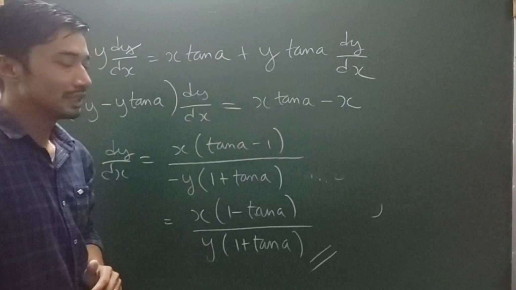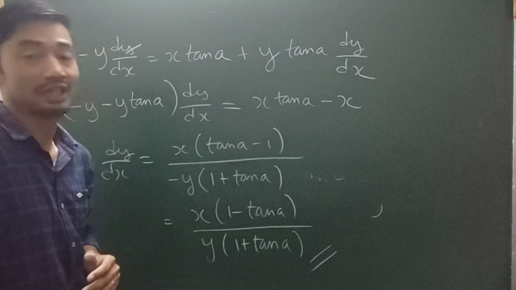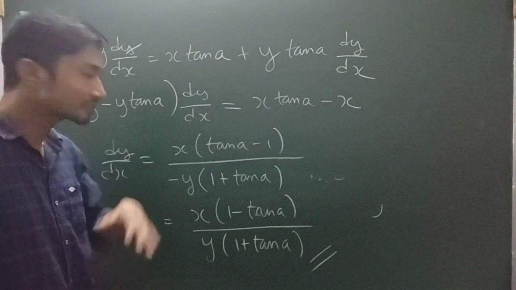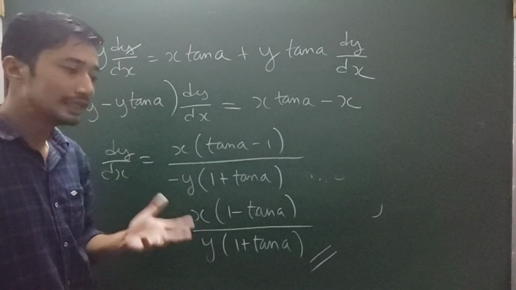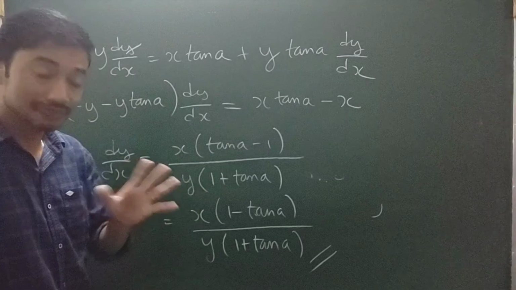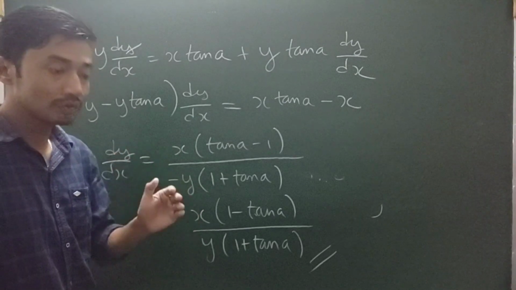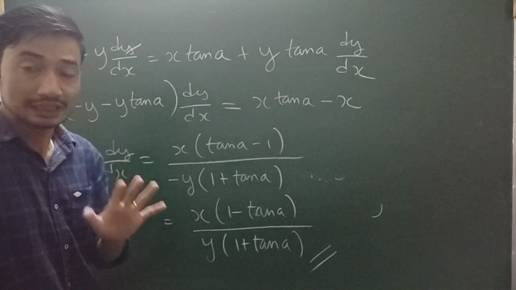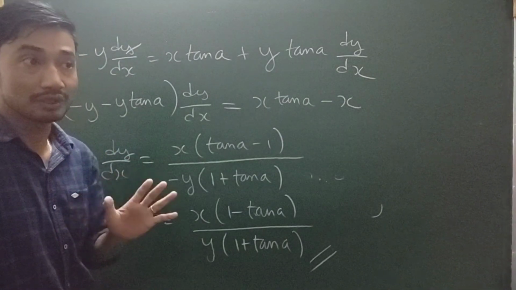Functions which cannot be completely expressed in terms of another variable. So how do we differentiate them? It's nothing special, just simple differentiation. Yes, keep in mind the chain rule, dy by dx, dz also. Just don't forget with respect to which variable you are differentiating, and that is the main important thing here.